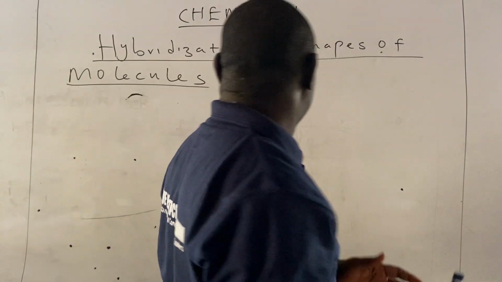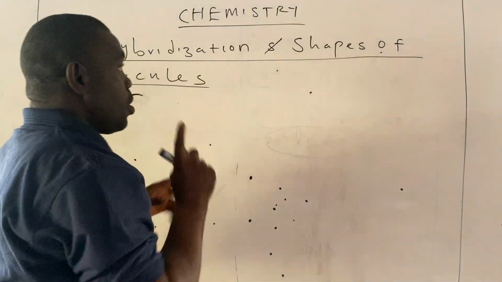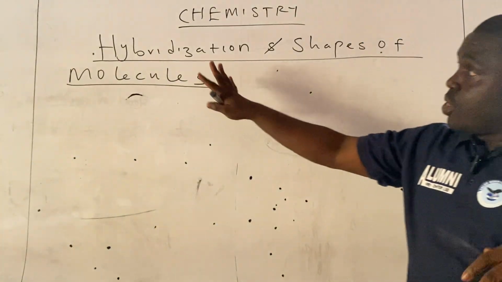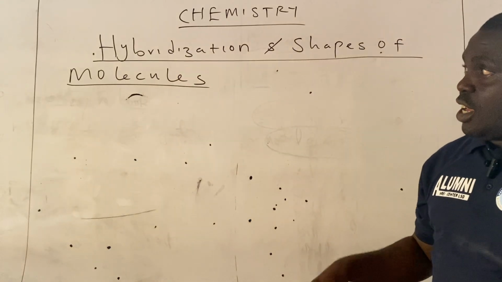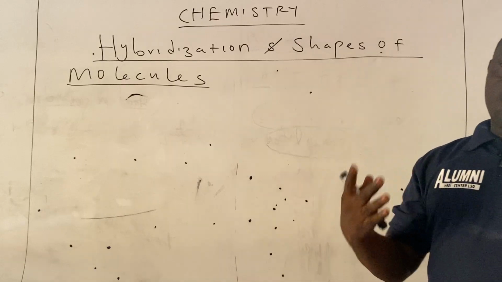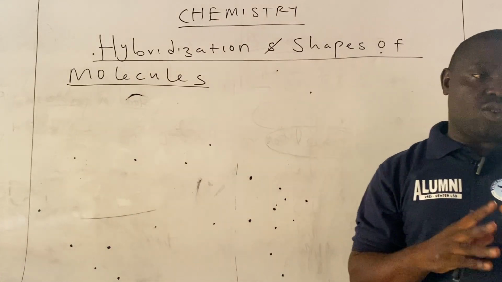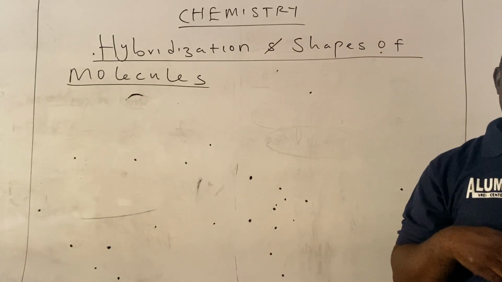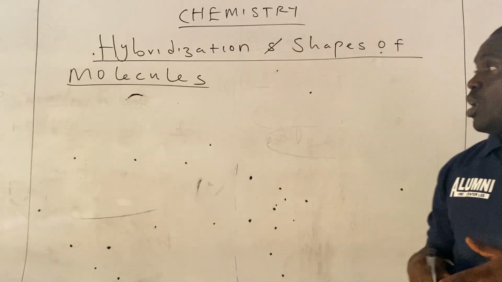Okay, good evening, students. We're looking at hybridization and shapes of molecules. Before considering a topic like this, it is taken for granted that you have understood bonding very well, because it's important you know your various bonding, your interatomic bonding and your intramolecular bonding.